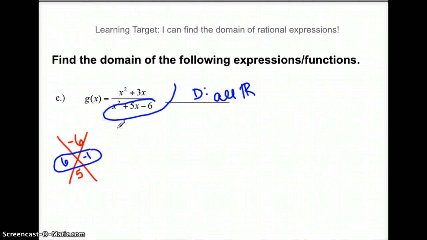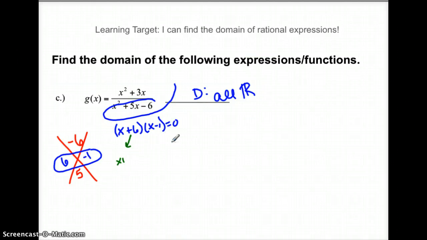Okay, so this denominator is equivalent to factored form x plus 6, x minus 1. Now remember we've talked about this in our solving. When this equals 0, which is what I'm trying to avoid, that means either this group could have been 0 or the second group or both of them. So I need to take it group by group. What could I have plugged in that would have made that equal 0?